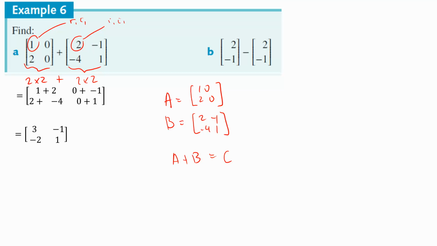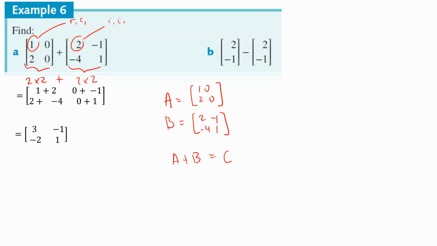So here, A plus B, which is what we've done here, is equal to C now. It's much easier to write it with capital letters, but they just represent a matrix. Sometimes later when you're doing the exercise, you'll find that they'll use capital letters to represent a matrix just to make it easier. Otherwise it looks really messy.